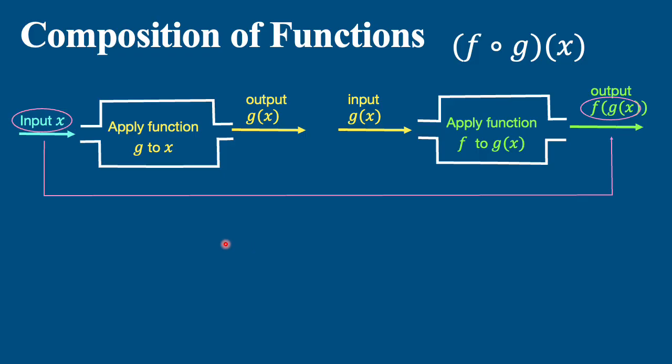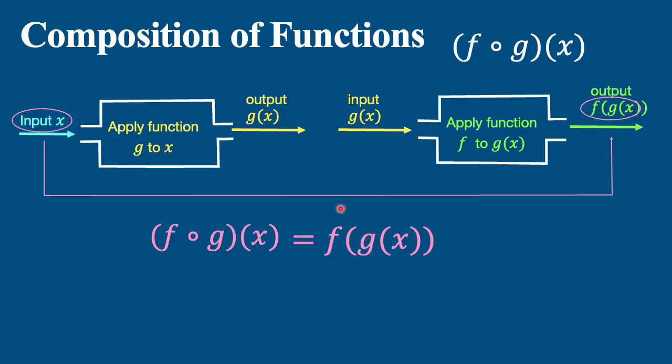We write this composite operation as f circle g of x, that's the notation. This means x goes to g first, that's the output, which goes into the function f, giving the output of f. We write it this way: f of g of x. Which one goes first? g first. Then you go to the second box, f.